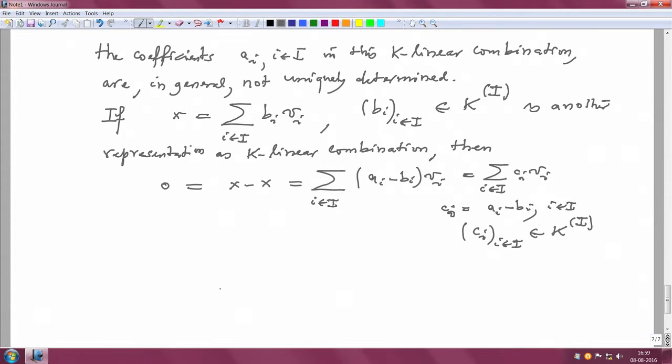So if at all there is a different representation, then it leads to the following new definition.